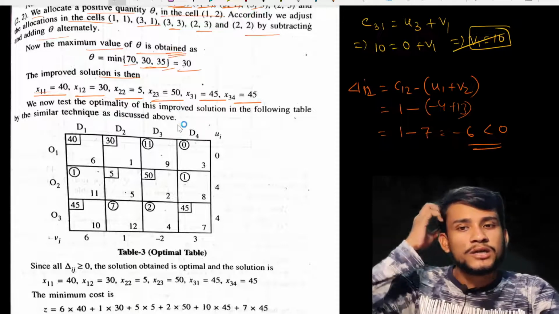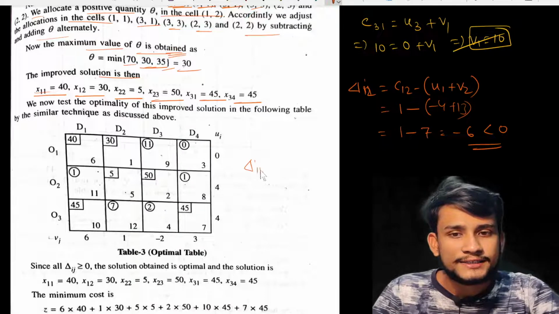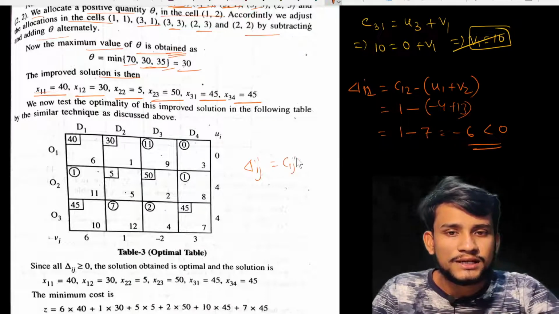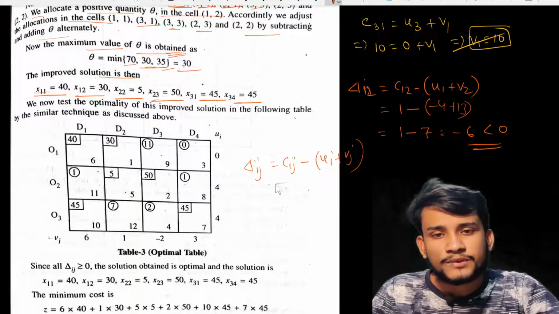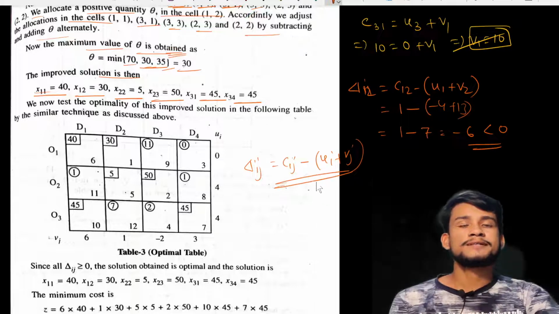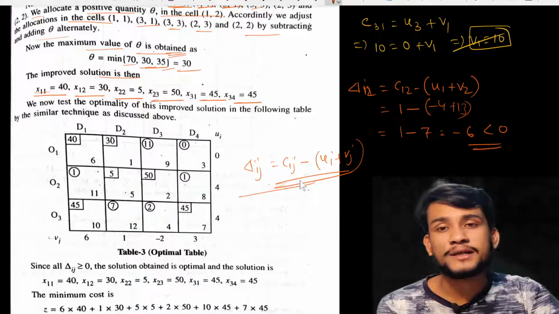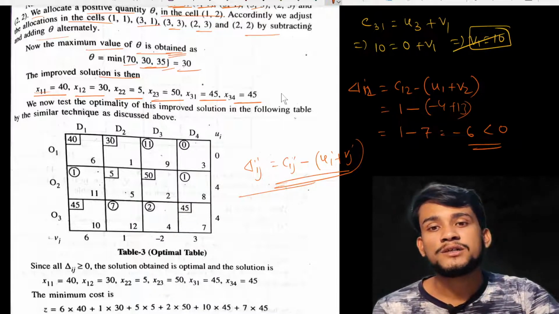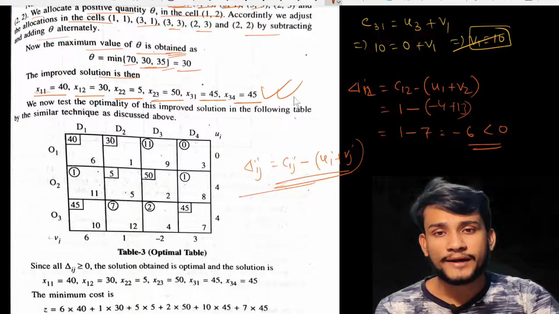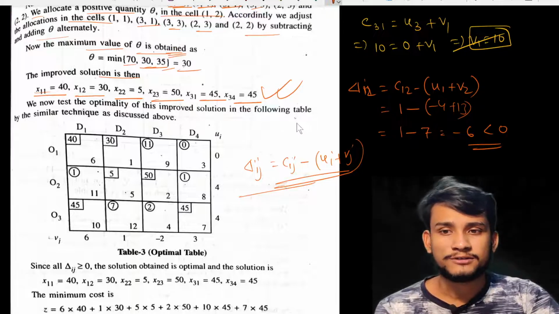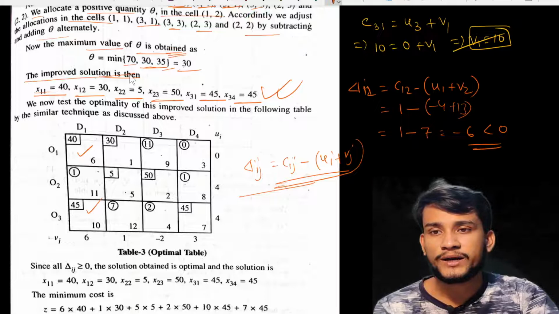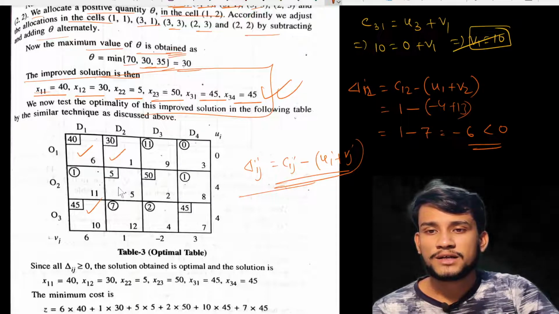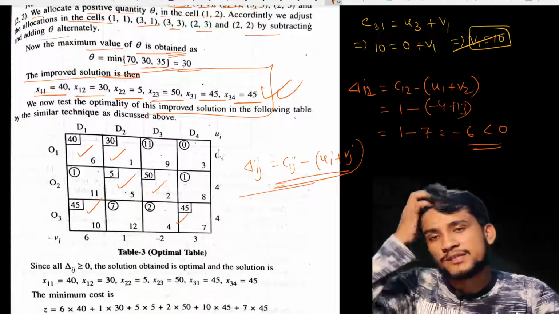Now we check all the delta ij's. Delta ij equals Cij minus (ui plus vj). If all the delta ij's are greater than or equal to 0, then the optimality condition is satisfied, that is, the solution we have found is the optimal solution. First we write the occupied cells, and then we calculate for the unoccupied cells using the same method.